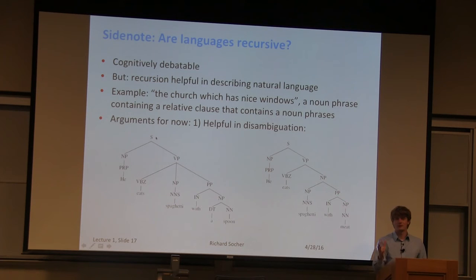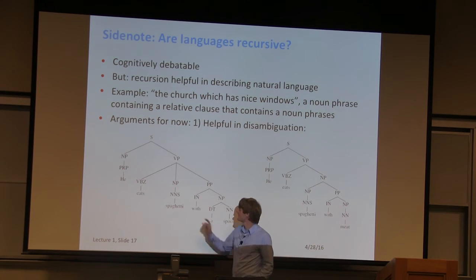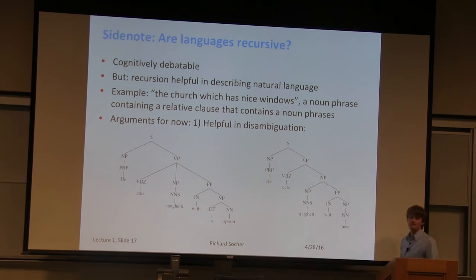It can also be helpful to try to identify and clearly specify certain disambiguations. This one is a super interesting problem, the so-called PP attachment problem, or prepositional phrase disambiguation. There are different words for it, but basically the big question here is how to interpret the following sentences: he eats spaghetti with a spoon versus he eats spaghetti with meat.